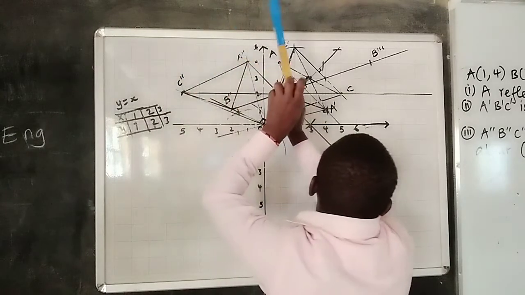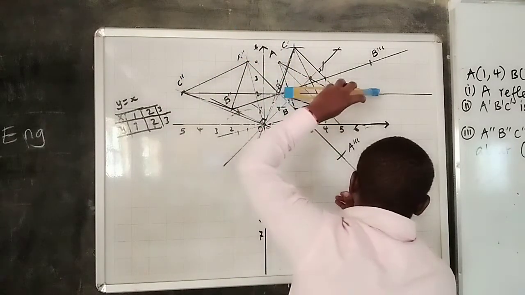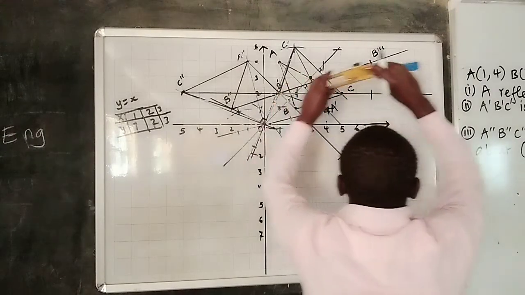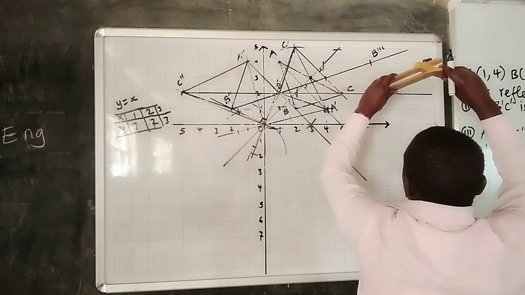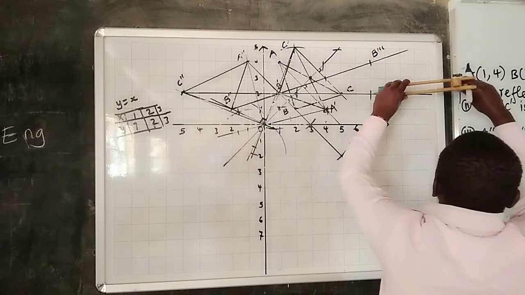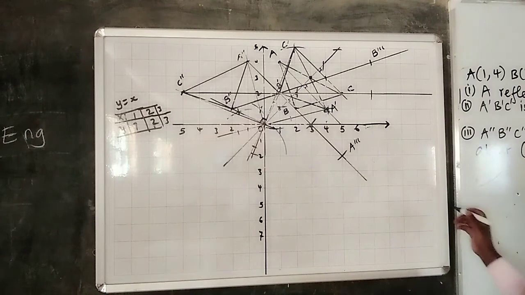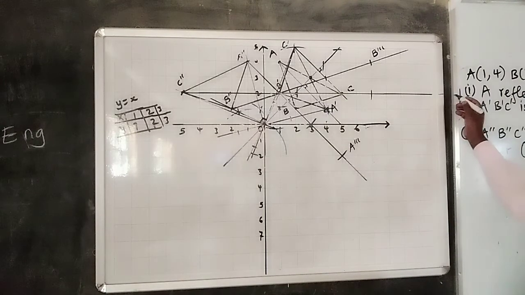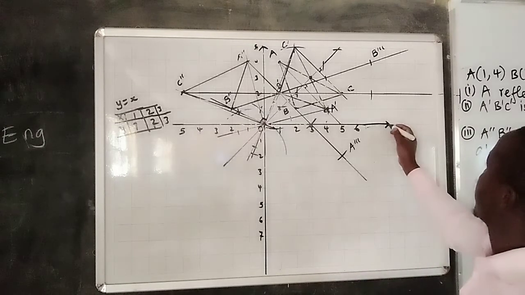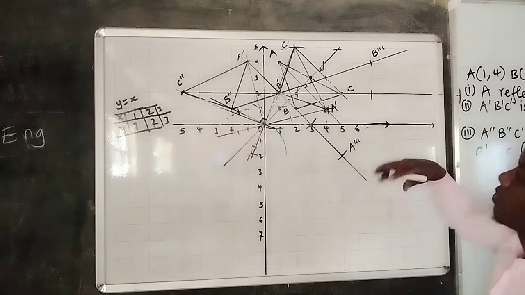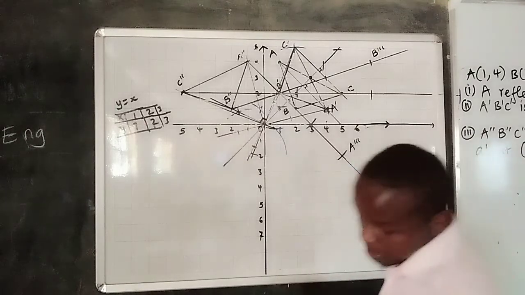Therefore, we mark once and twice. And see it is going to this other side. So this one we could have extended our Cartesian plane towards this side, but no problem.